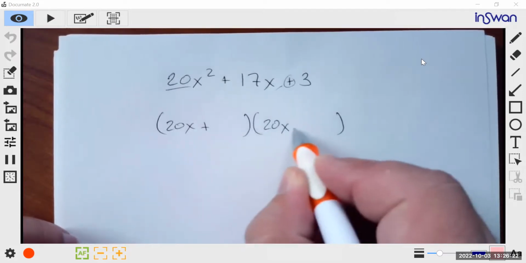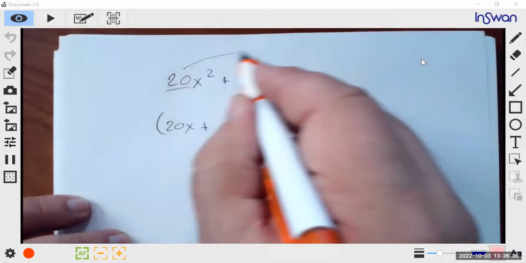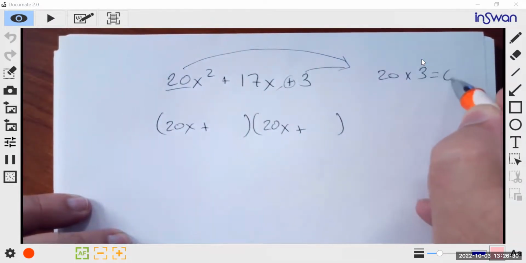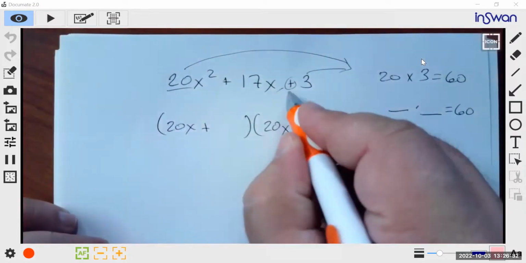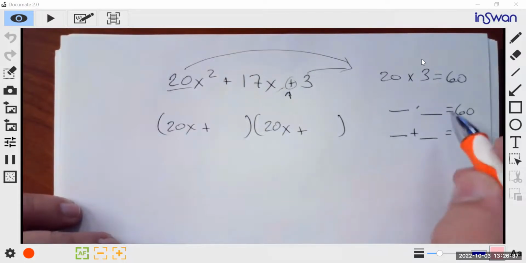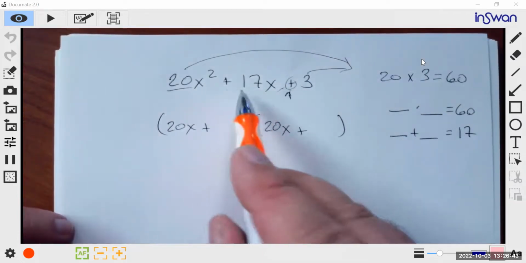15 and 2. Let's figure it out. 20 times 3, right? 20 times 3 is 60. 20 plus 3 is 17. Huh? 20 minus 3. Oh, it has to be added to equal 17.